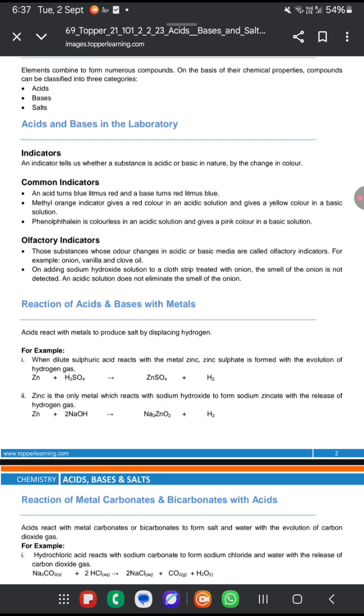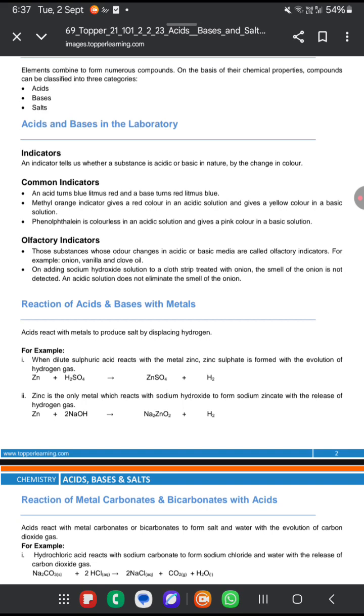For example, when dilute sulfuric acid reacts with the metal zinc, zinc sulfate is formed with the evolution of hydrogen gas. Zn reacts with H2SO4 to give ZnSO4 and hydrogen gas.